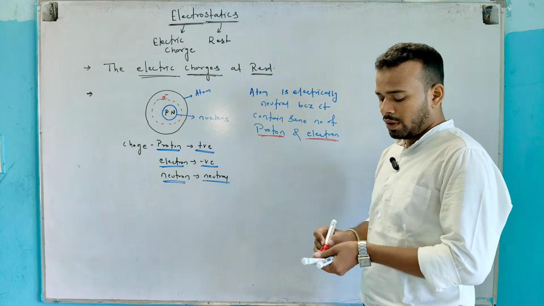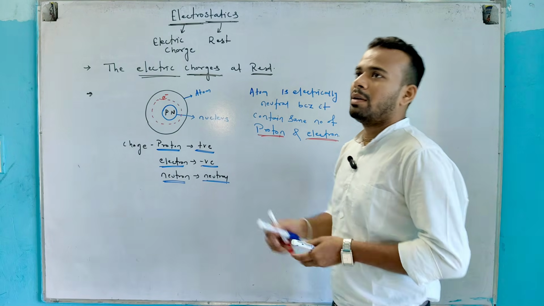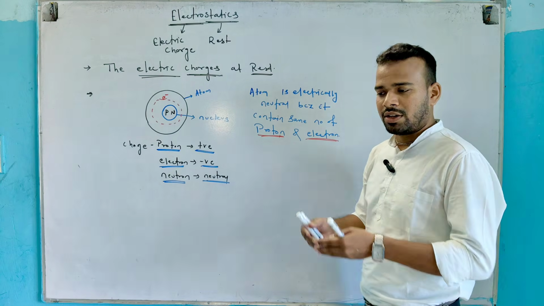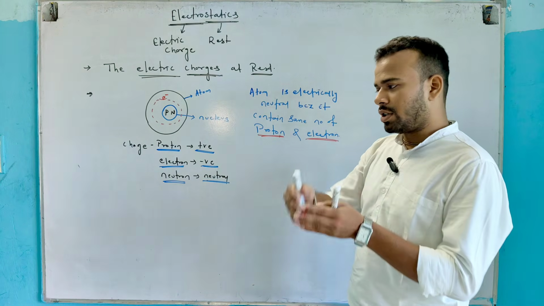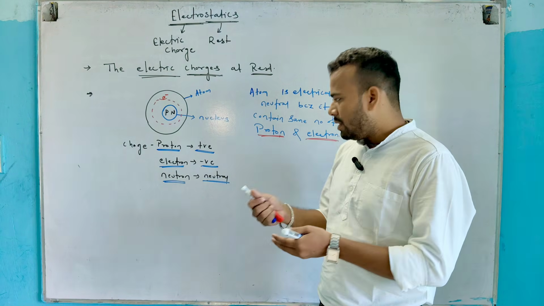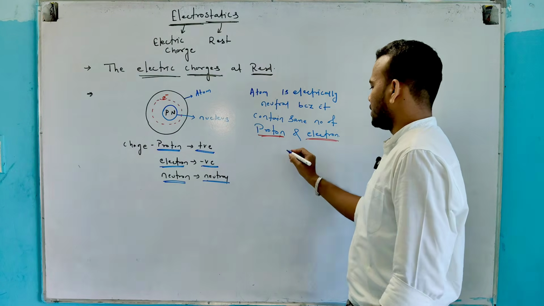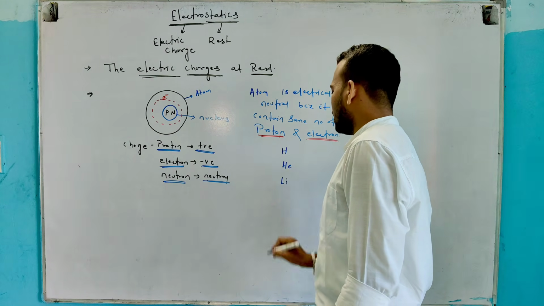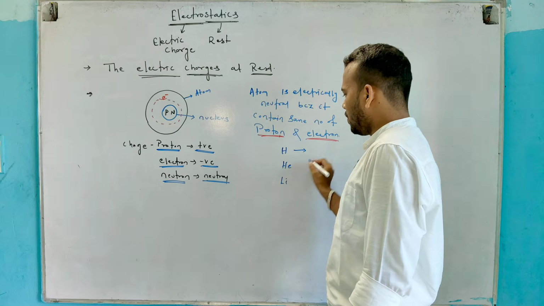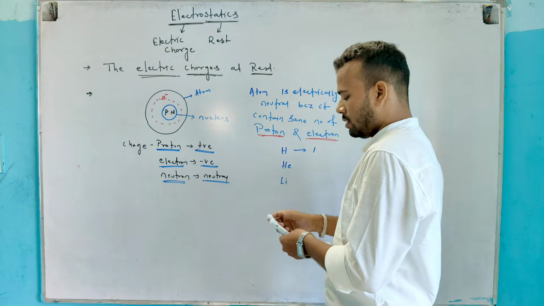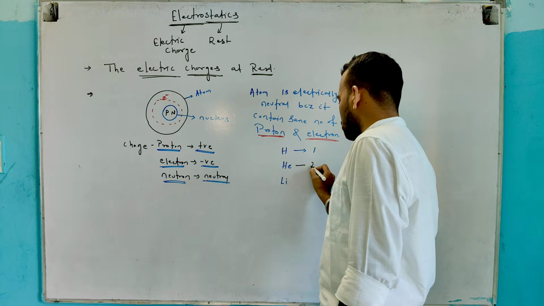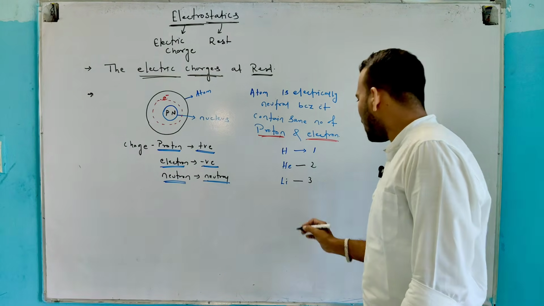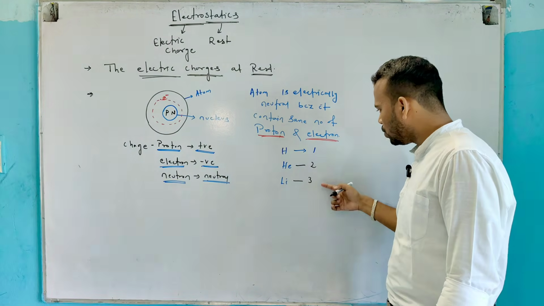So, an atom contains the same number of protons and electrons. We already know the table: hydrogen, helium, lithium, beryllium, boron, carbon, nitrogen, oxygen, fluorine, neon, sodium. Let's take one example: hydrogen, then helium, lithium. The atomic number of hydrogen is 1, of helium is 2, of lithium is 3. What is the meaning of 1, 2, 3?